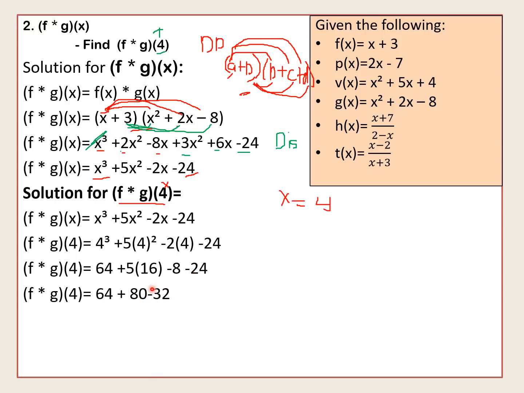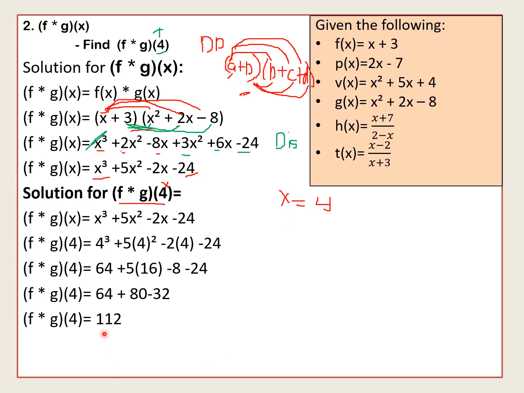Good. Now, ano yung pinaka-final answer natin? Final answer natin would be the product of f and g when x is 4 is 112. Tama ba? 64 plus 80 minus 32, which is 112. Okay.